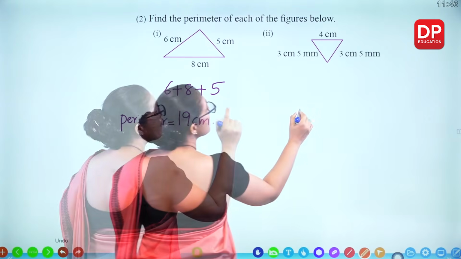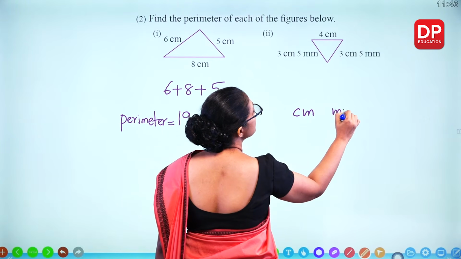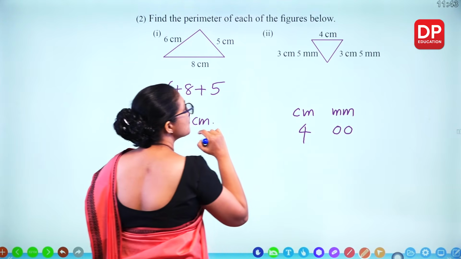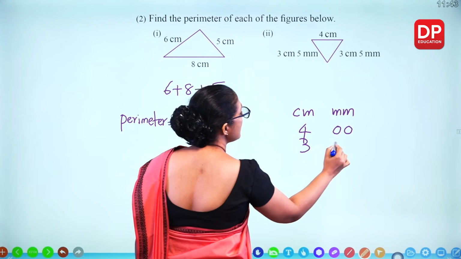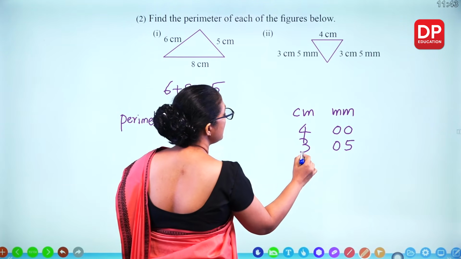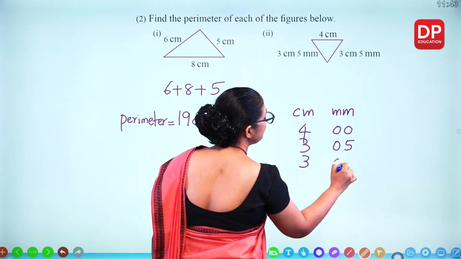This one, centimeters, millimeters. 4. No millimeters. We can put zeros. 3 and 5. 0, 5. And here 3 and 5.